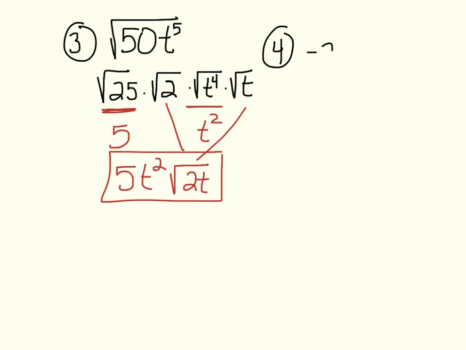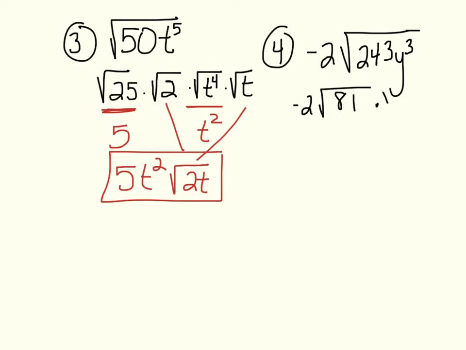Number 4, negative 2 times the square root of 243 y to the 3rd. The square root of 243. Let's see, what could go in the 243? It's going to be 81. So you have to break that up into 81 times the square root of 3. Subtract 1 on your y, so it'll be y squared times the square root of y.